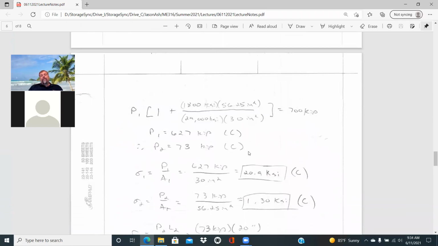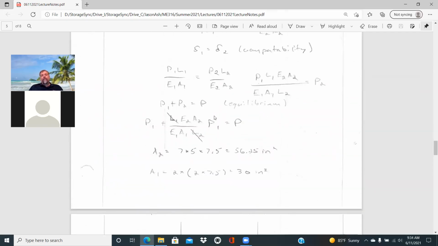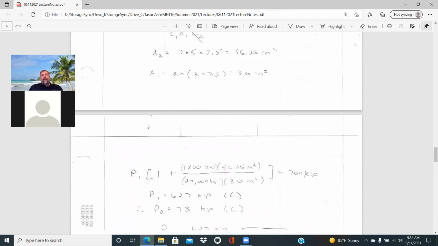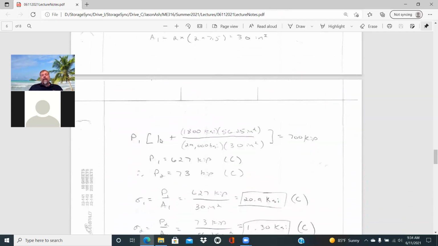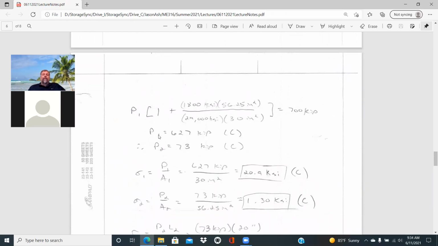When you plug all those into your relationship, you have one equation, one unknown. I'm just pulling P1 out of each of those expressions, so we end up with P1 outside, and then it's just 1 plus the remaining values we've indicated already. That'll allow us to solve for P1.